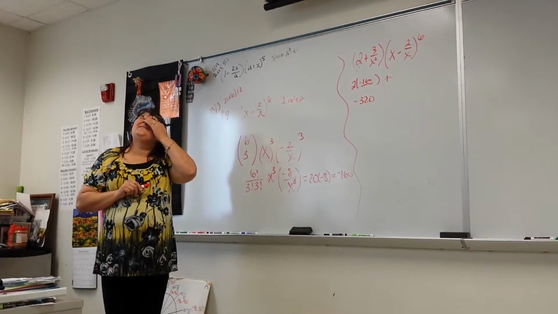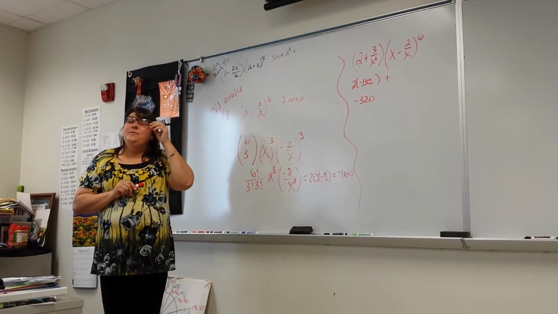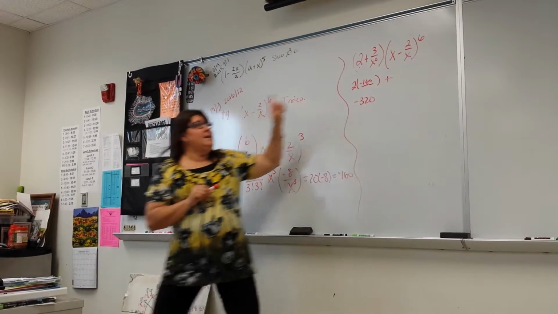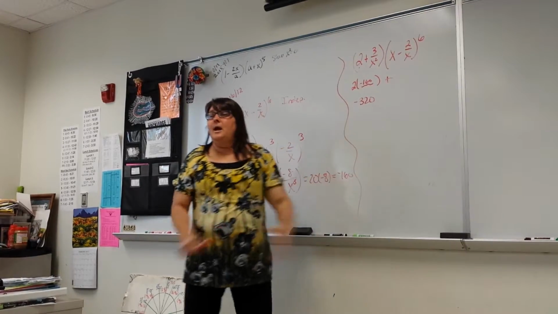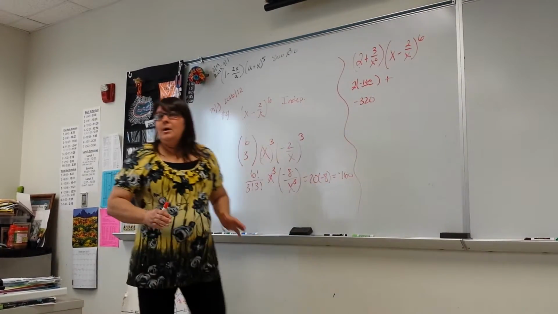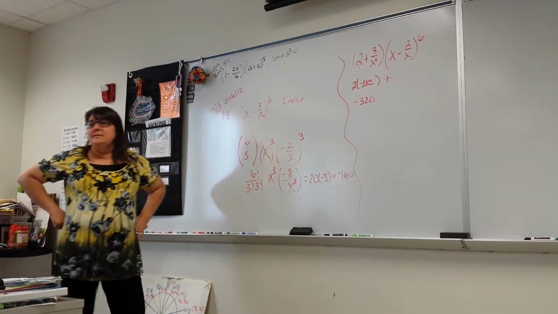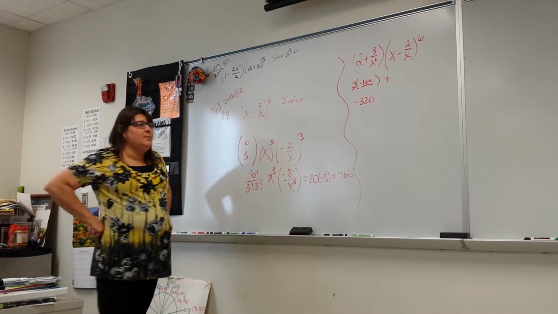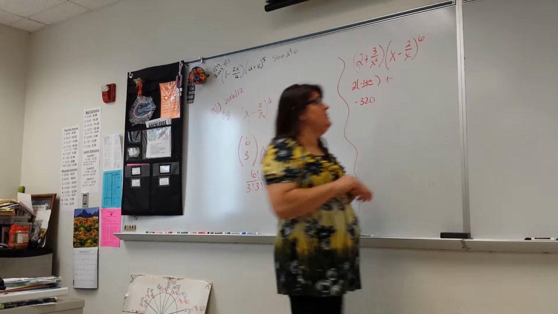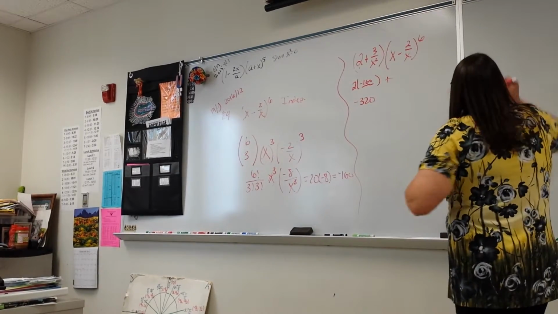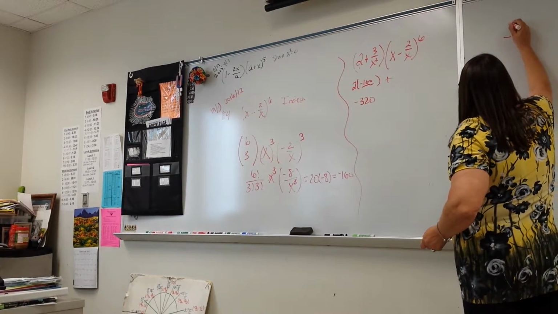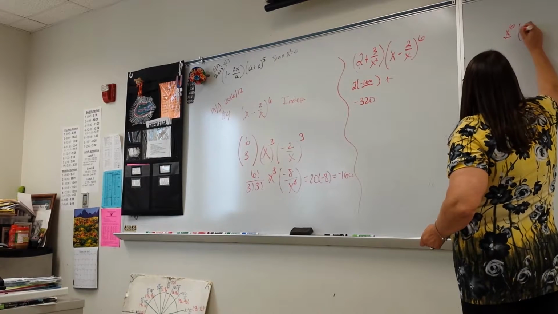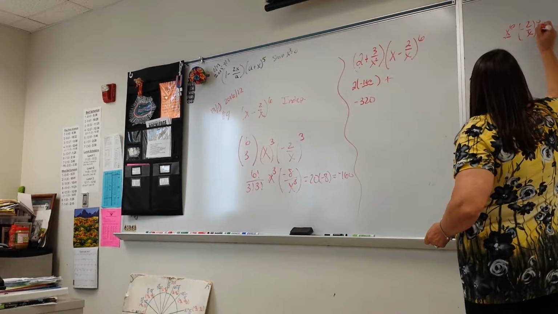Now what we have to do is figure out when I take 3 over x squared and distribute it through, where is it going to cause it to zero out? Let's think about the numbers that work here. In the first term, it would have been x to the 6th and then negative 2 over x to the 0, right?